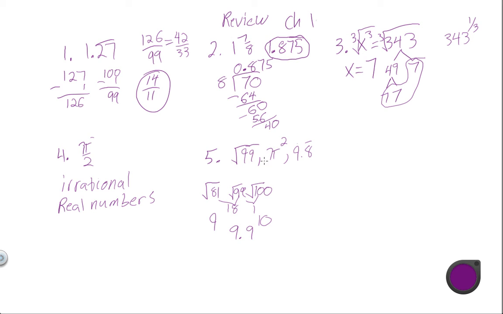How about pi squared? If we just do 3.14 squared, then that's 3.14 times 3.14. If you want to, you can do that long multiplication, or you can just put it in your calculator. So do pi times pi, or pi to the second power.